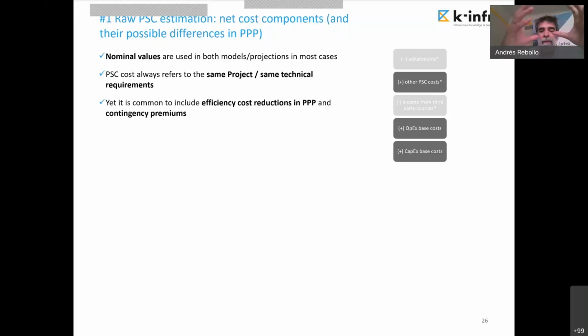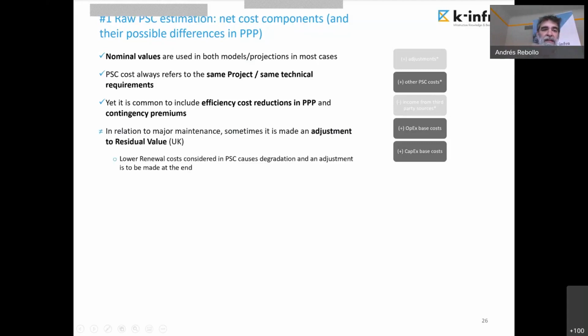They should not be the same in the PPP. They should incorporate contingencies from the perspective of the contractors that are getting some transfer of risks from the SPV, and the price for that transfer is contingencies in the price, but it could be some efficiency cost reductions.